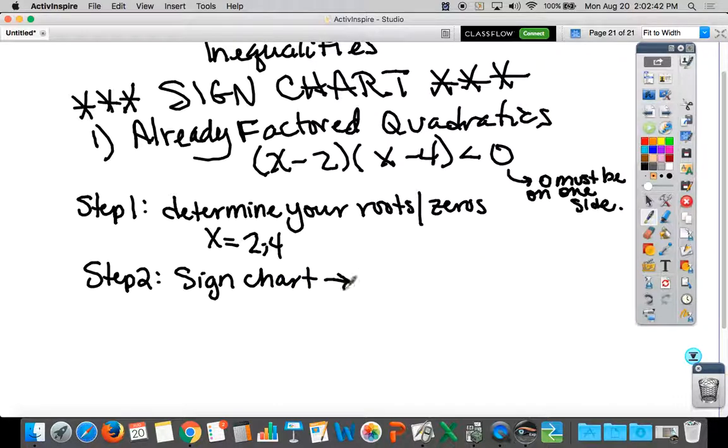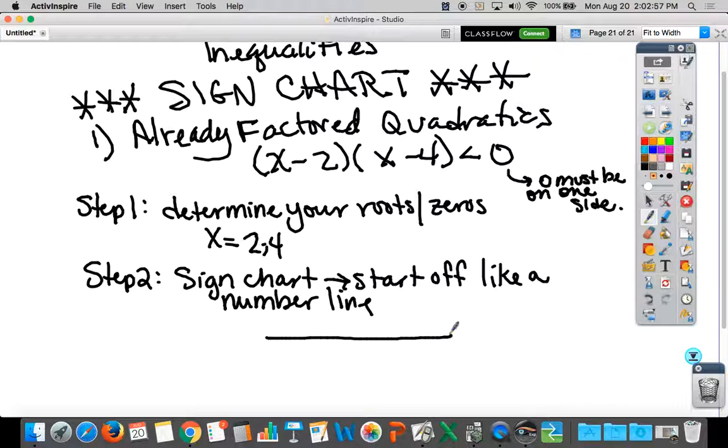Okay? Start off like a number line. So I'm going to draw this. I have 2 roots, so I have 2 little tick marks.